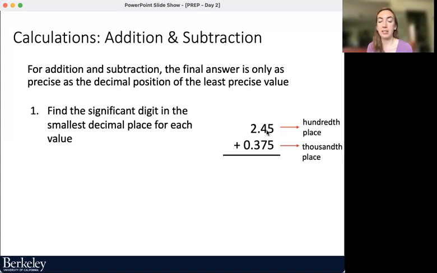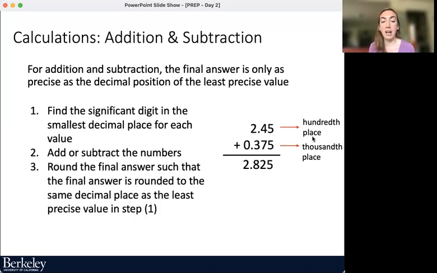The 2.45 has a significant digit in the 100th place, and 0.375 has a significant digit in the 1,000th place. Sorry, that's hard to say. And then we just add or subtract the numbers. You just plug it into your calculator. In this case, my calculator would tell me the answer is 2.825.